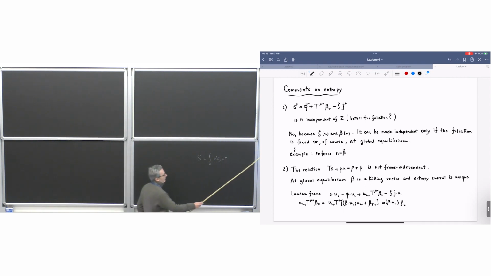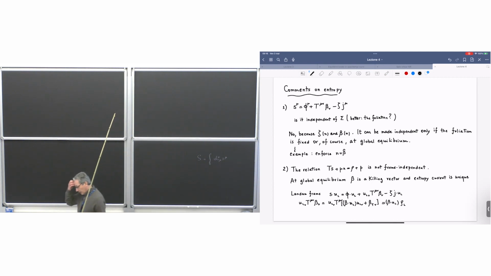The second point I want to make is the fact, as I mentioned at the beginning of this course, that this relation is not frame independent, although in most textbooks this is not even mentioned. So Ts plus mu nu equals rho plus p, as I showed at the beginning, was a key equation to obtain the constitutive equations of relativistic hydrodynamics.